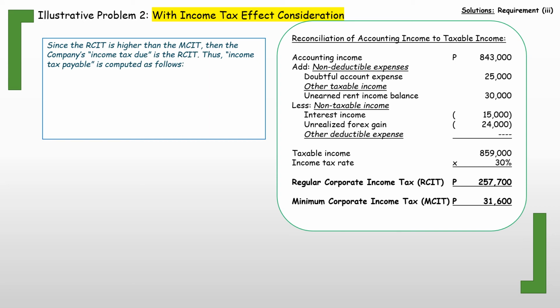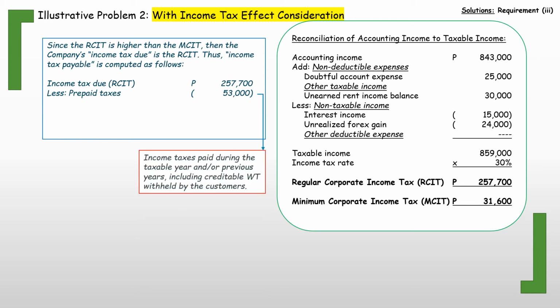Since the RCIT is higher than the MCIT, then the company's income tax due is the RCIT. Thus, income tax payable is computed as follows. Income tax due from RCIT, 257,700, less natin yung prepaid taxes na 53,000. Ito yung mga income taxes paid during the taxable year and or previous years, including creditable withholding tax withheld by the customers.